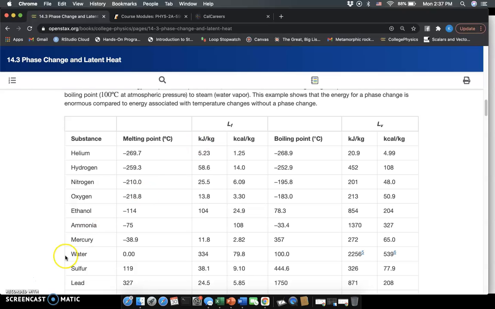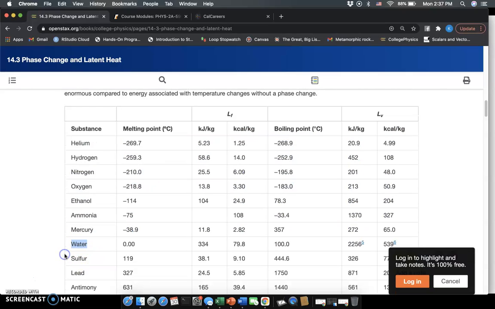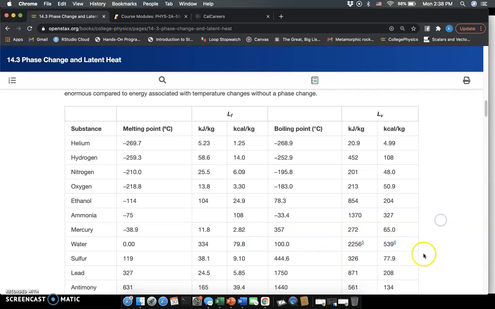Say we're looking for the latent heat of water. We can just go across and see what unit we want to be in. There's kilojoules per kilogram or kilocalories per kilogram. So here we have those values.